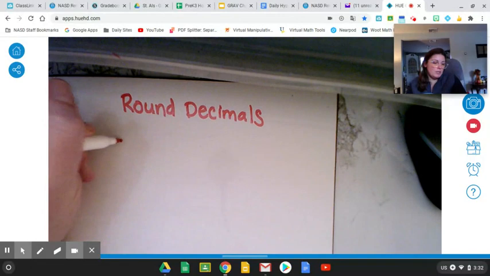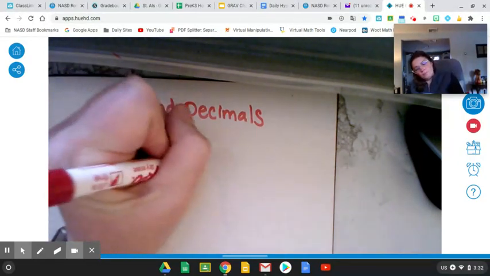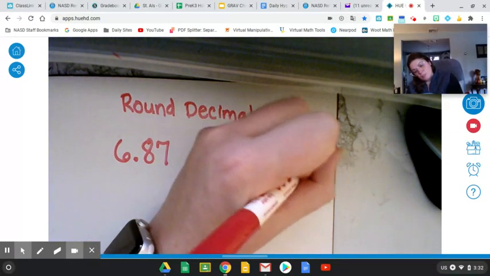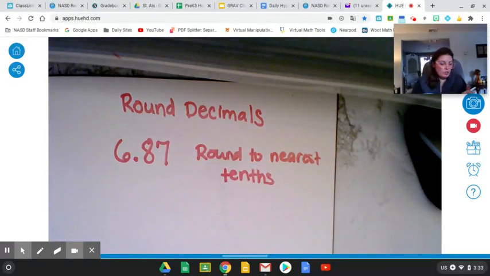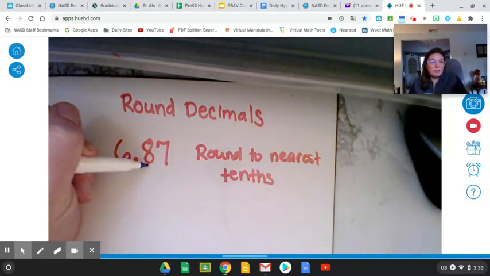So let's take 6.87 and round to the nearest tenths place. So you have to know where the tenths place is. This is our ones, and this is our tenths place.